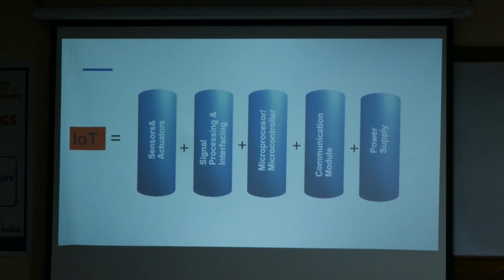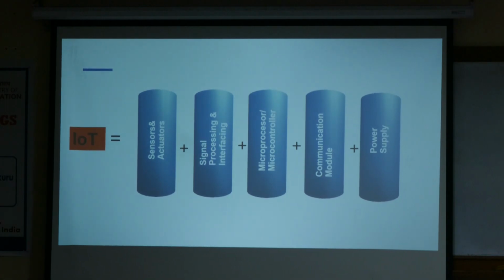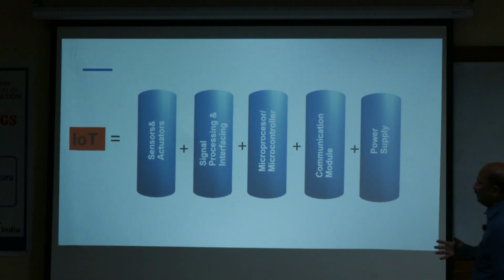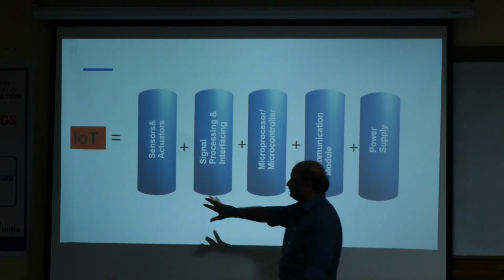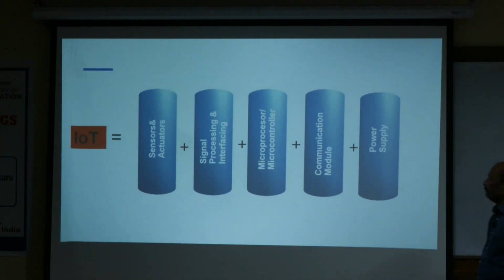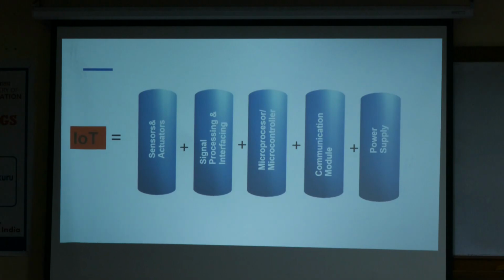Right? I have broken down the Internet of Things into sub-modules so that we can understand it much better. And I divide it in such a way that the sensors and actuators are one block, signal processing and interfacing one block, processors as controllers in one block, and communication, so that they can be understood more simply.